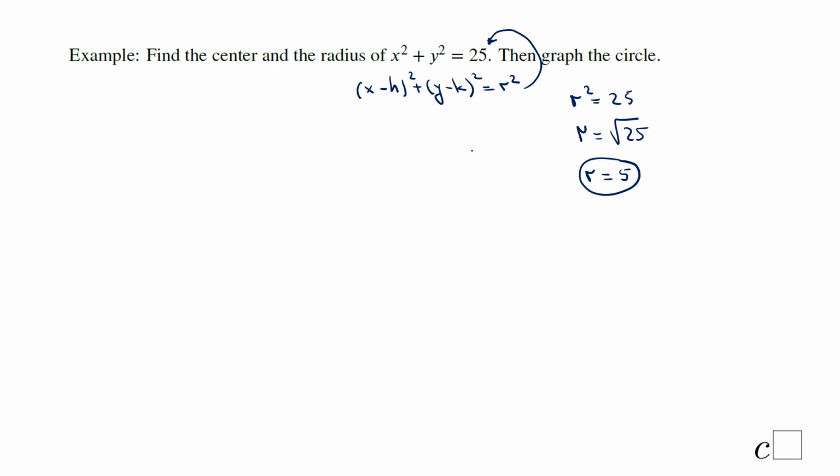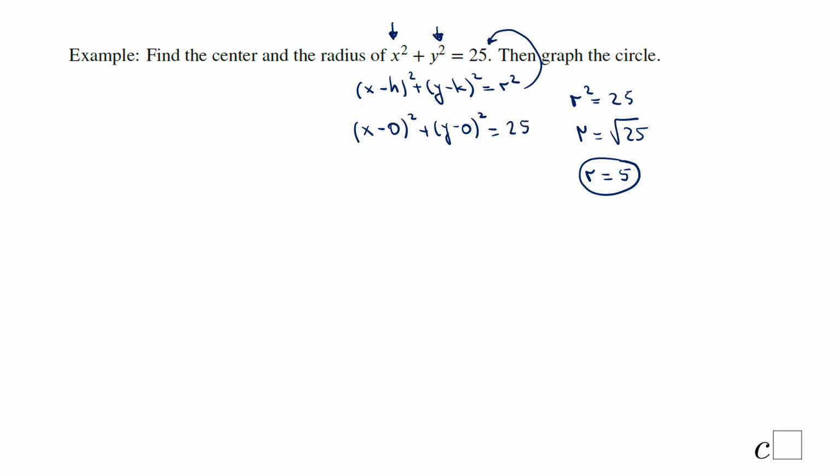How do we find h and k? Some of you may need to see this form. X minus 0 squared is the same thing as x squared, and y minus 0 squared is the same thing as y squared. So if you need to subtract that 0, that's okay, it means nothing, equals 25.